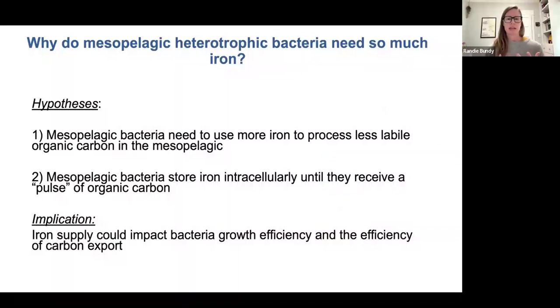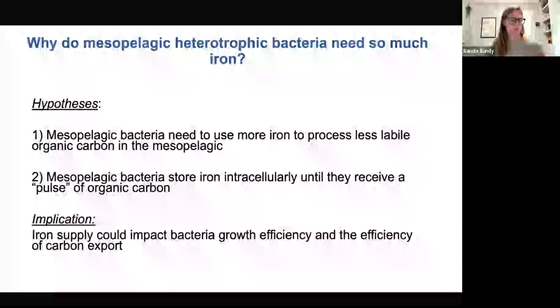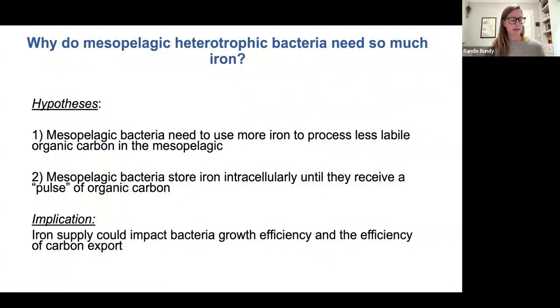We had certain lines of evidence, together with the siderophore data and the iron uptake data, that there's something going on with bacteria here where they need a lot of iron, or they're taking up a lot of iron, or there's really rapid iron cycling. And so we had these hypotheses that we wanted to explore. One was that mesopelagic bacteria need to use more iron to process the less labile organic carbon they might be exposed to in the mesopelagic, as opposed to surface waters.